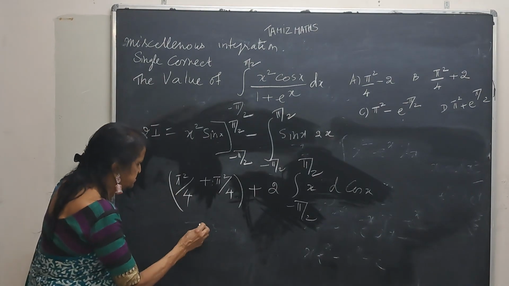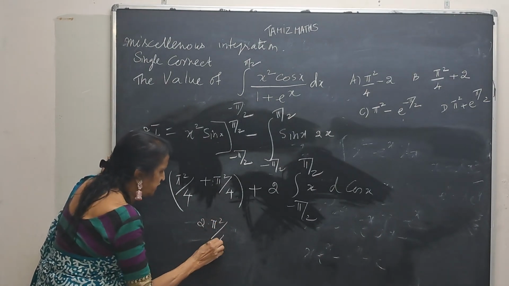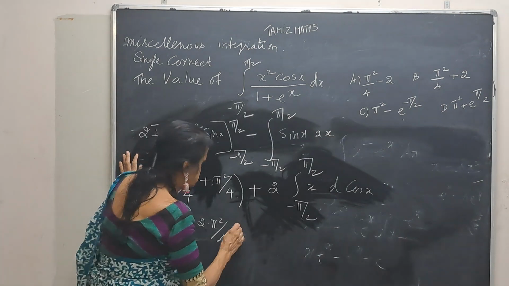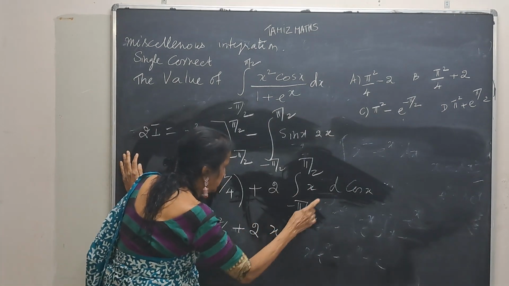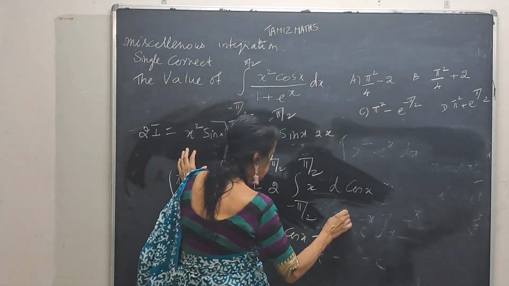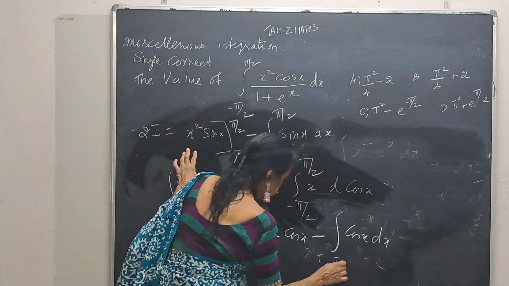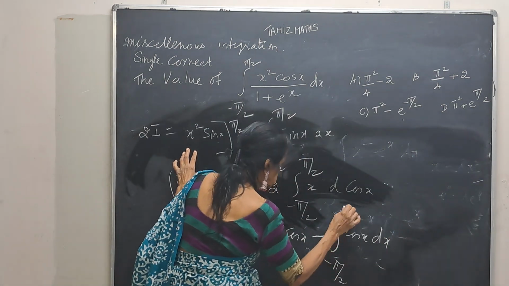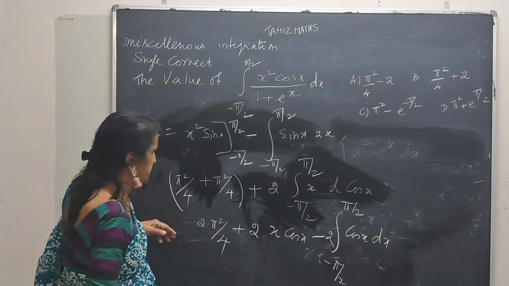So what is this? 2 into pi square by 4 plus 2. First function into second function minus second function into derivative of first function. This 2 is there.